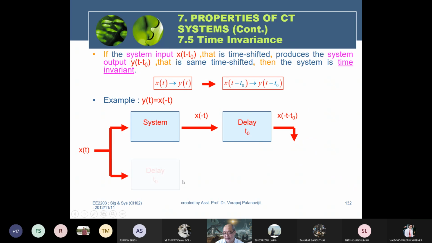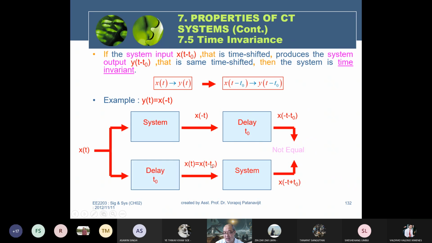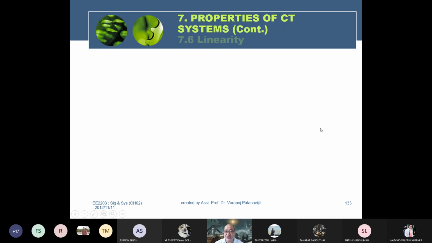Or you shift first, and then process. You can see that the results are not equal. If the result is not equal, it means the system is time varying. We can conclude that the time reversal transform is not time invariant, it's a time varying process.